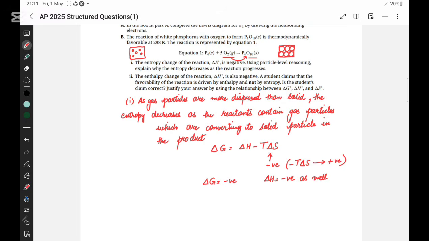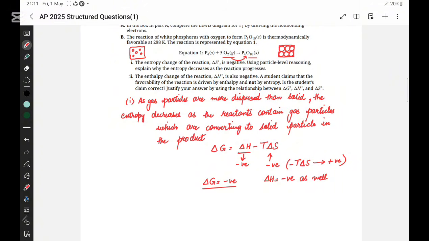Because minus T delta S is positive, and for the reaction to be favorable delta G needs to be negative, the enthalpy change must be negative. So it acts as a basically driving factor.